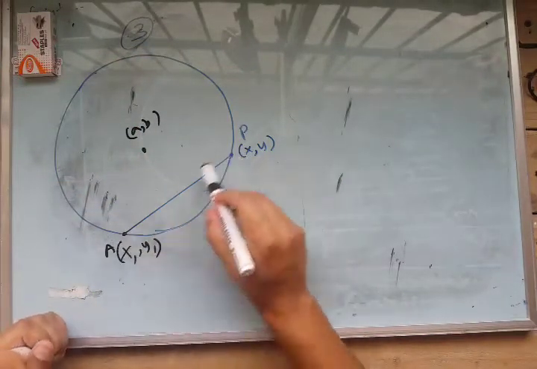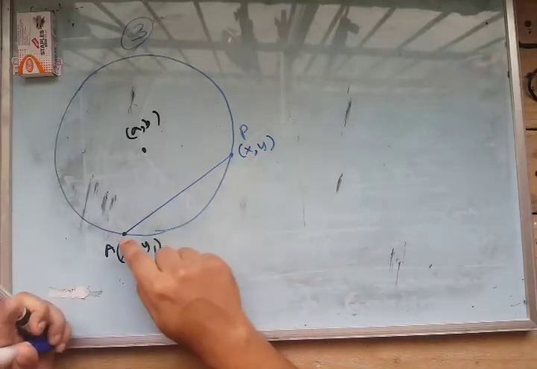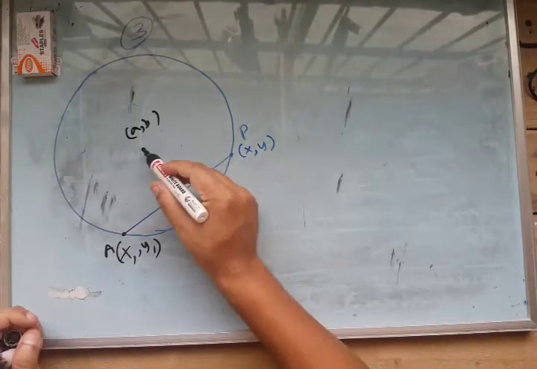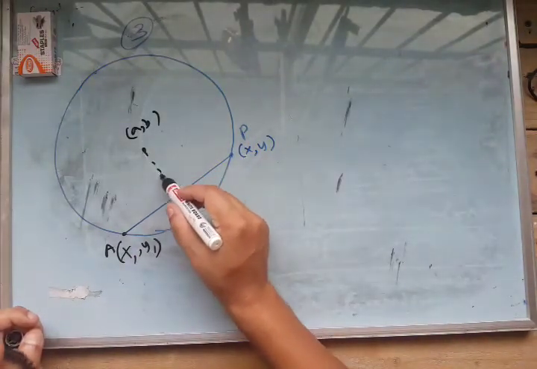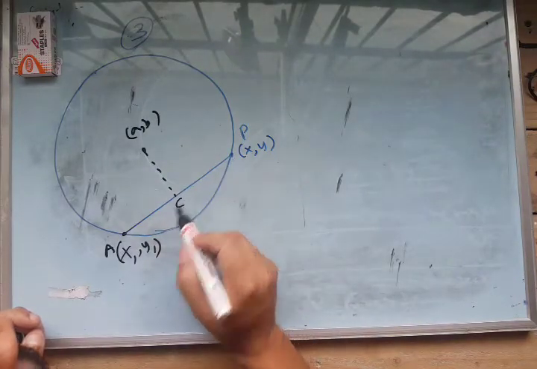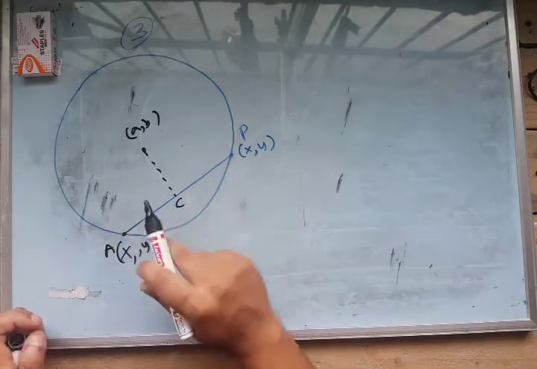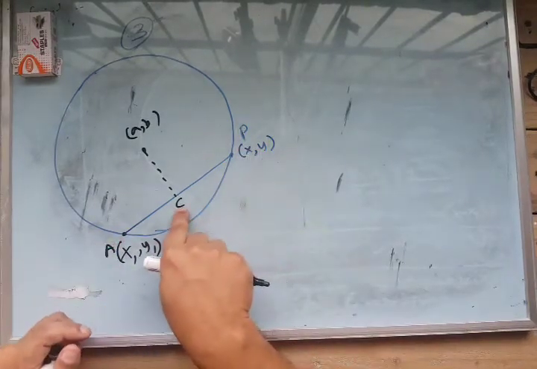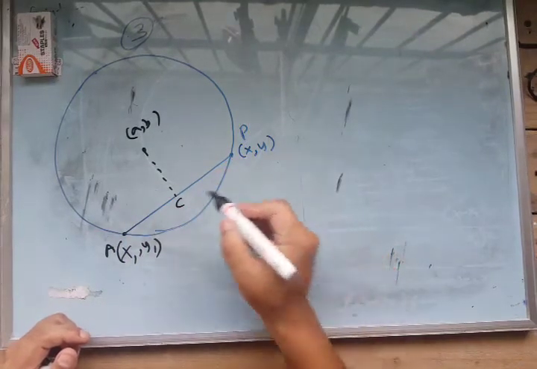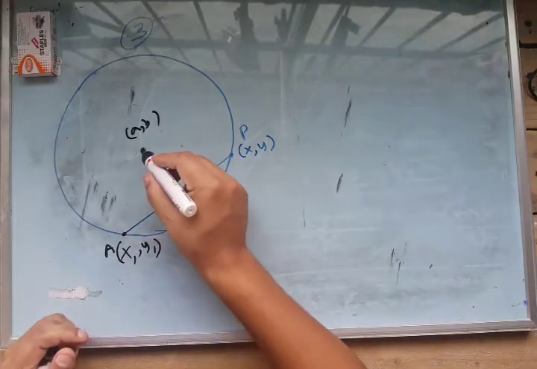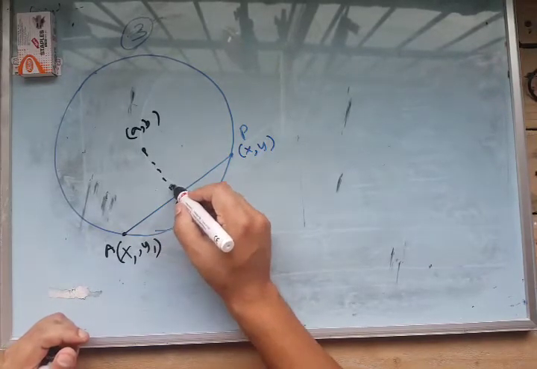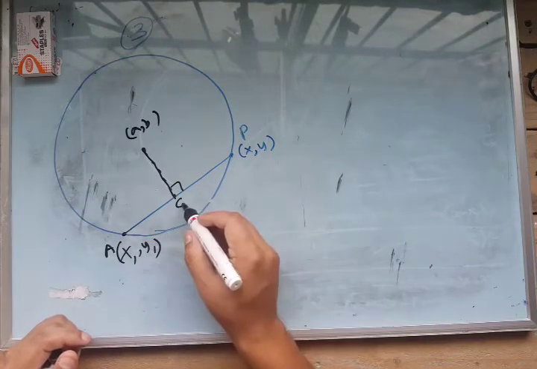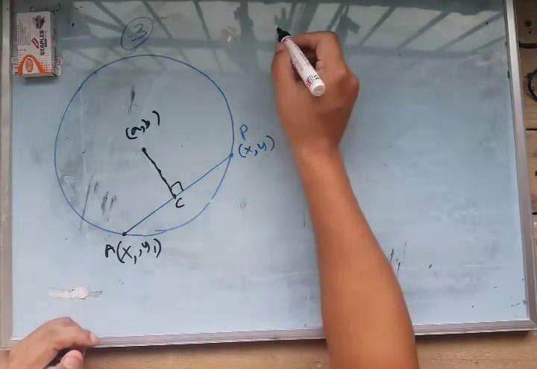So when I find it, I can draw a line segment joining A and P. Given this line segment AP, I can find the coordinates of the center of the AP line. So if I draw a line from the center to C, I know that these two are perpendicular. So for this you have to find the coordinates of C.